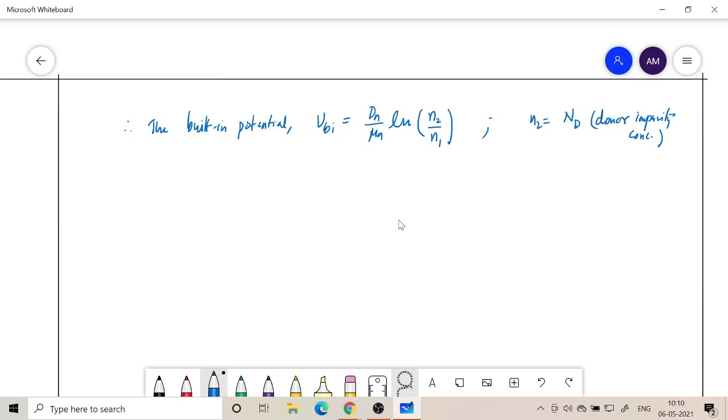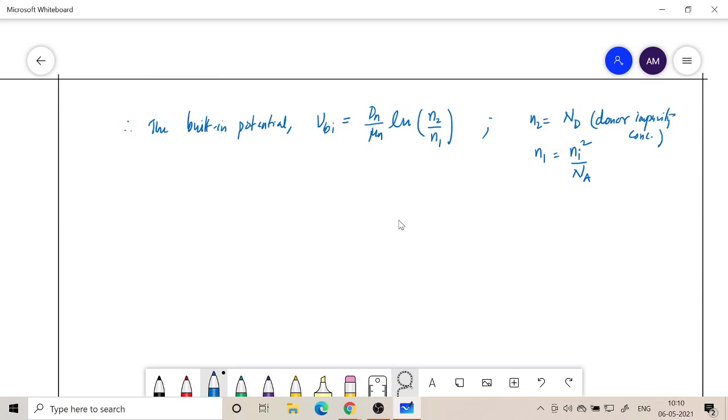Okay, and what about N1? N1 is the minority carrier concentration, because N1 is the concentration of electrons on the p side, and they are going to be minority carriers. And to find the minority carrier concentration, what we do is use the law of mass action, ni square by NA, the acceptor impurity concentration on the p side.